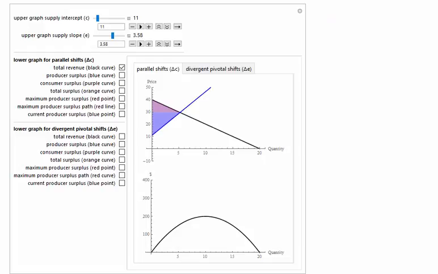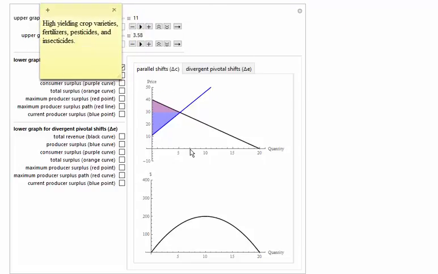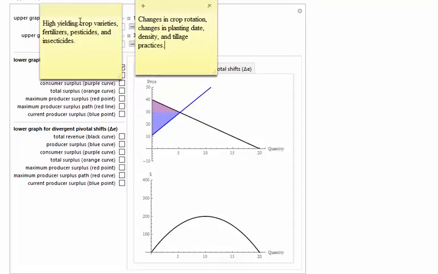Well, what are some examples in the real world where you have parallel shifts in the supply curve? Some examples include high-yielding crop varieties, fertilizers, pesticides. This is actually one of the things that started the Green Revolution. Likewise, changes in crop rotation has increased productivity of the fields that are not as productive and also the very productive fields.